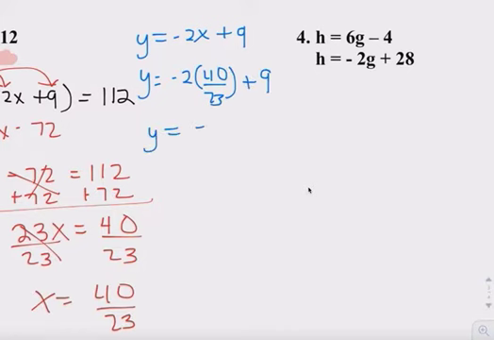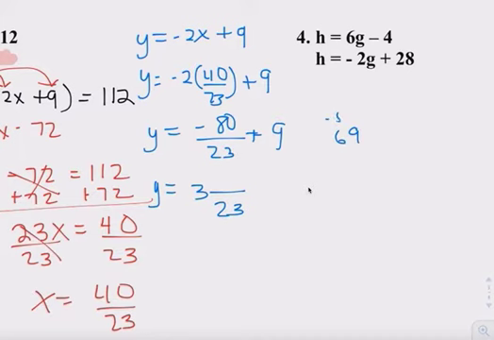Y equals negative 80 over 23 plus 9. 23 goes in 3 times, 69. 69 minus 80 is 11, right?